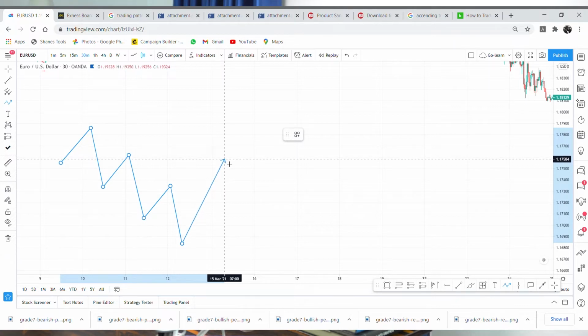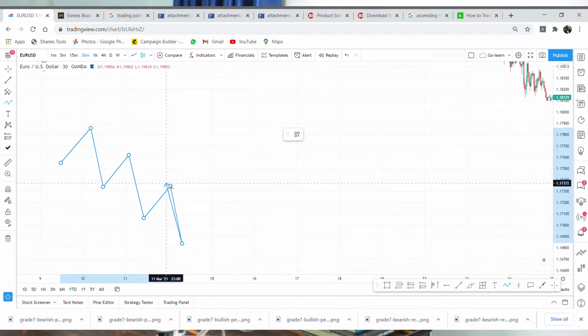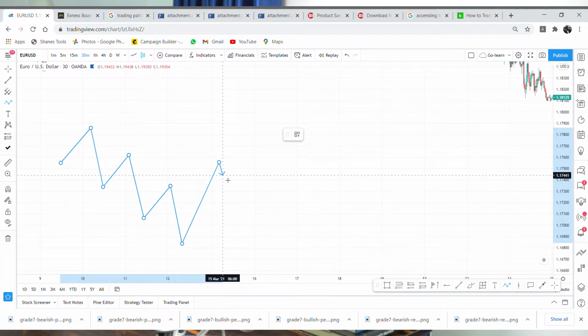It is now a lower low, then a higher high, meaning the higher high has broken the previous lower high. Now that's a pure break in market structure.